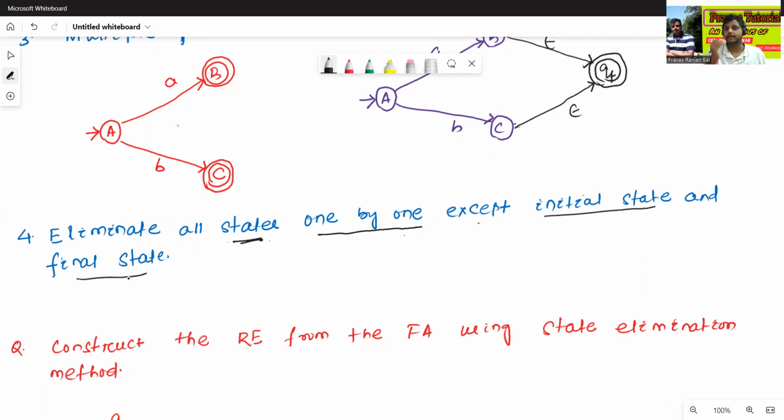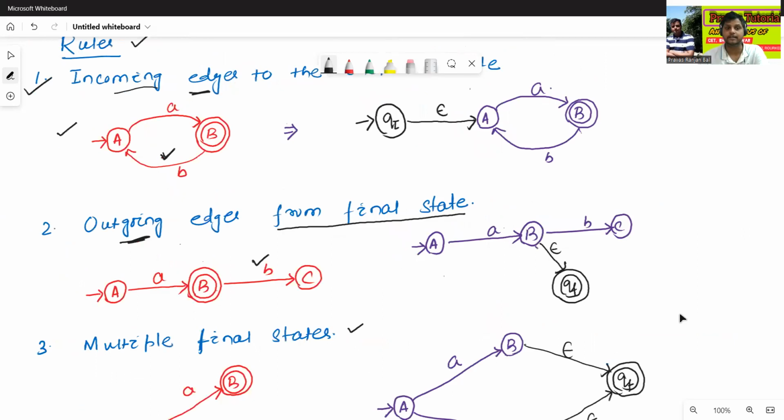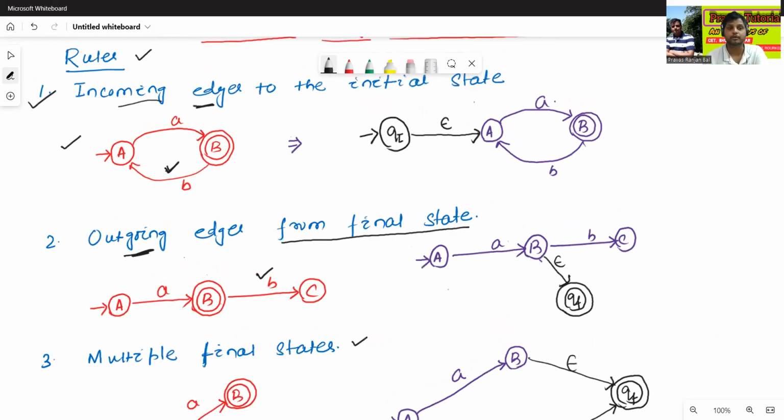We have to follow them in sequence order. First we follow the first rule, then the second rule, then the third rule, then the fourth rule. It does not mean we can follow the second rule first and then the first rule. No, that is not possible.